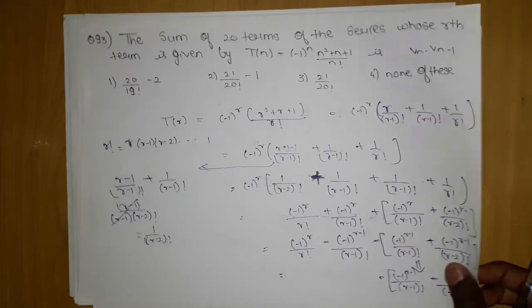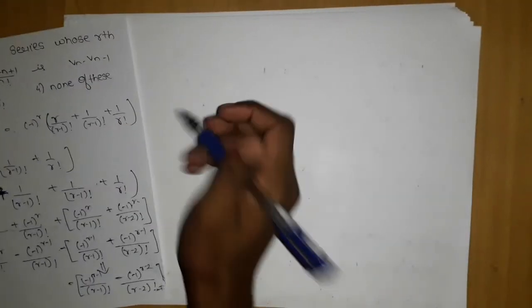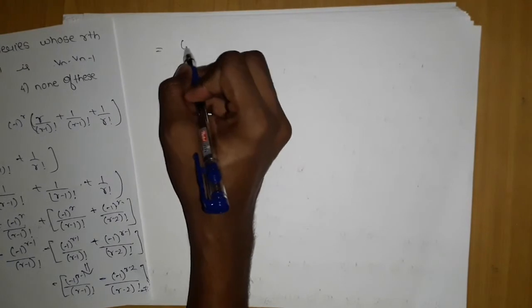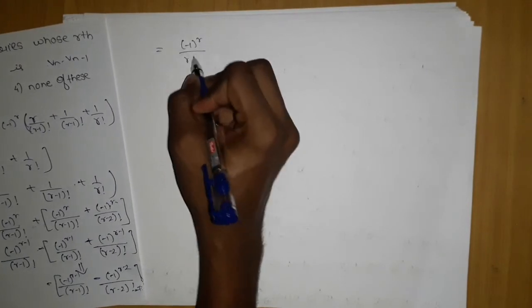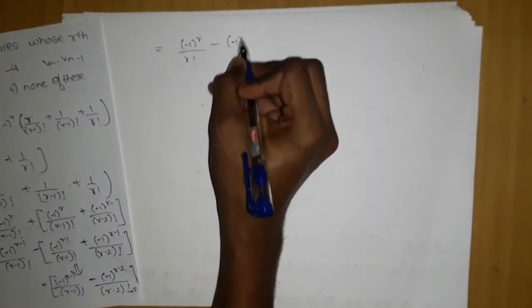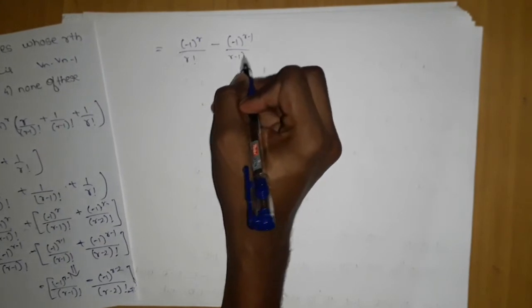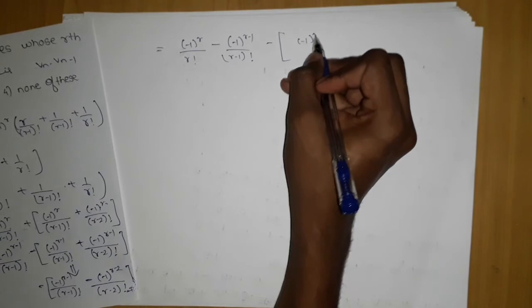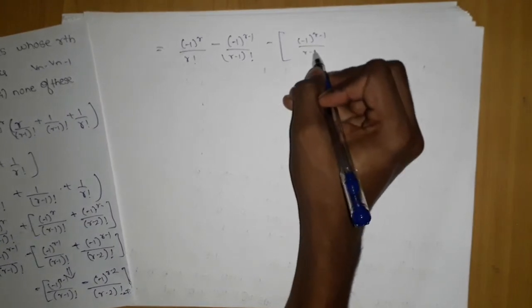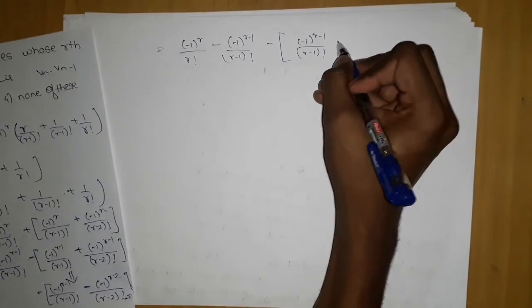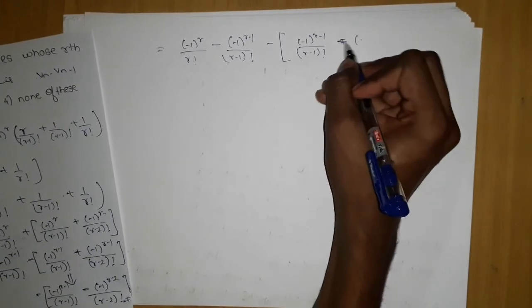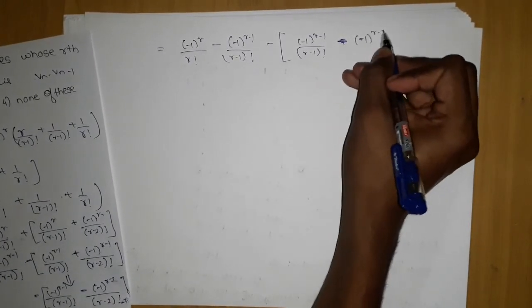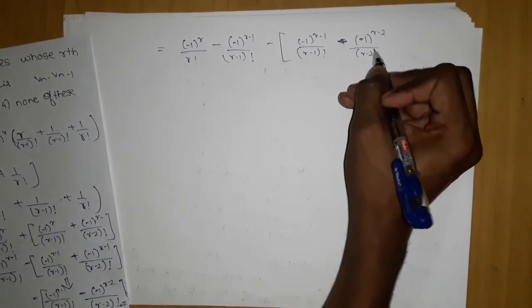So after this, we have created a series which is minus 1 power r upon r factorial, minus 1 power r minus 1 upon r minus 1 factorial, and minus 1 upon r minus 1 upon r minus 1 factorial, plus minus 1 upon r minus 2 upon r minus 2 factorial.